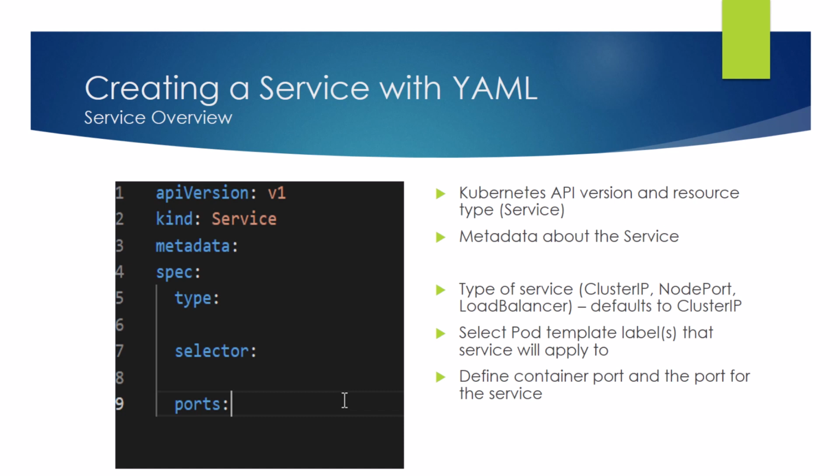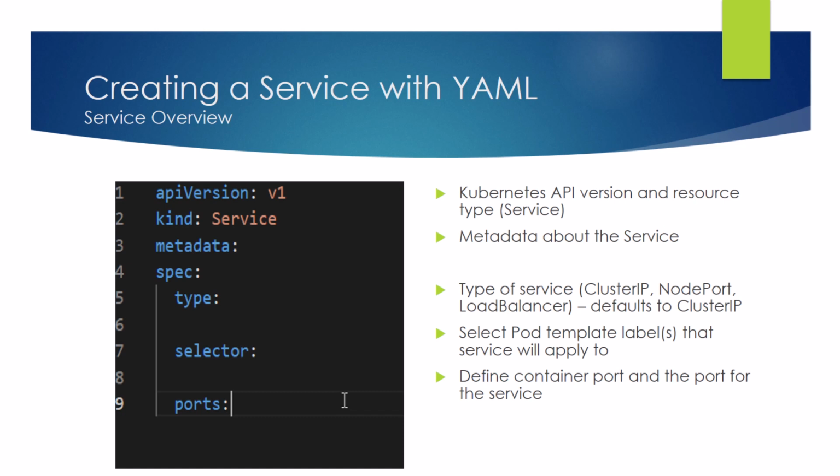So first up, we have looked at YAML quite a bit up to this point, and know that if we are going to deploy a service, we could do a port forward, and that would be one option that actually is a service behind the scenes.